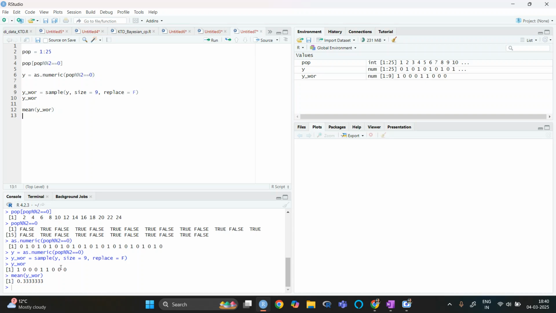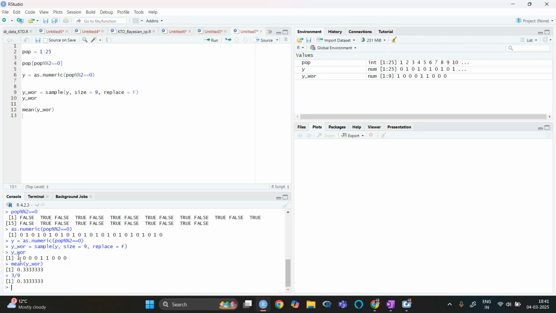Because it is 3 divided by 9. So in this sample we have 3 ones and 6 zeros. So its mean is 0.333. So this is approximately the mean of our real population.